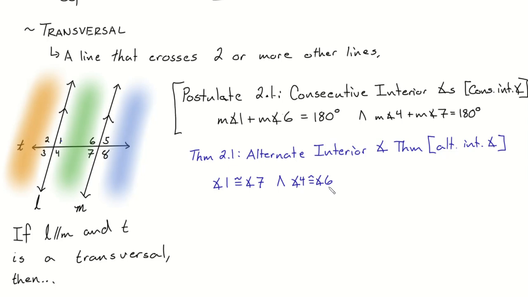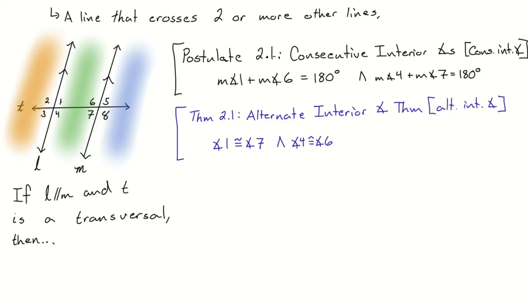So if 1 and 6 add up to 180 and 6 and 7 do too, these have to be the same. There's our proof. We didn't write it, but that's the logic behind the entire proof. Okay. Easy? Okay. And we'll get practice with them. All right. So we have consecutive interiors, same side interior if you'd rather.